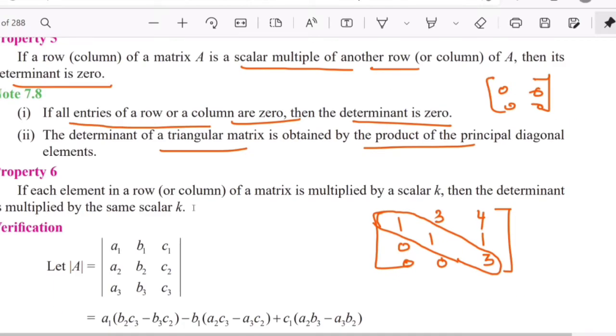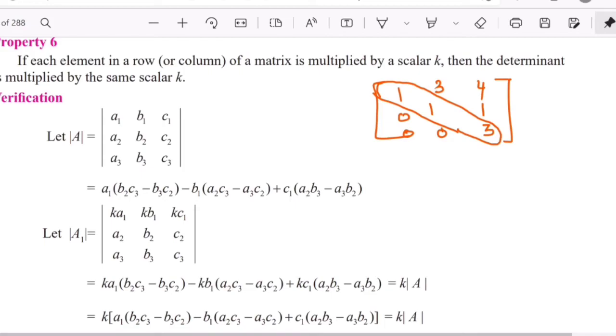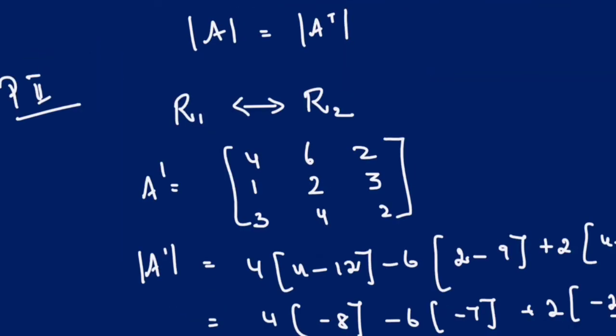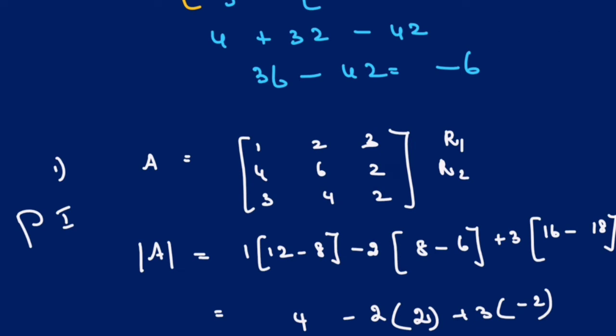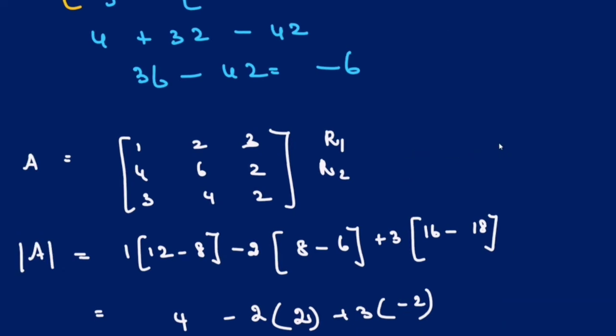Now property 6. If each element of a row is multiplied by a scalar k, the determinant is multiplied by the scalar k. Suppose you take a determinant, this one you take. The value is minus 6. Now if I multiply a row by 2, any scalar, I am going to multiply the first row by 2.